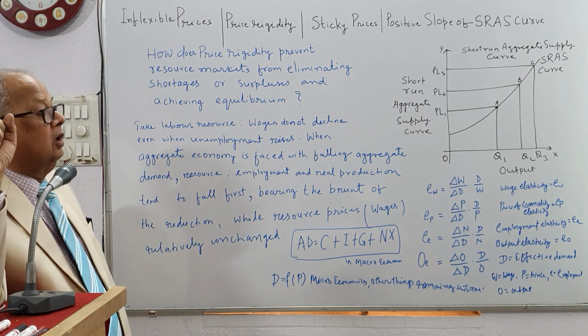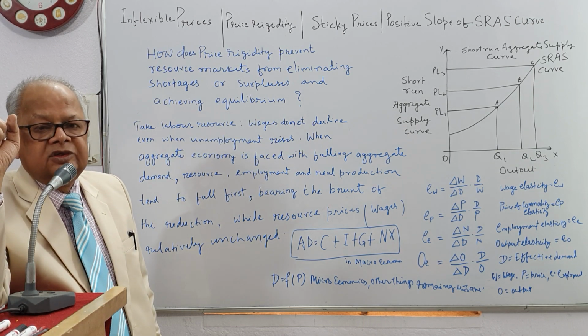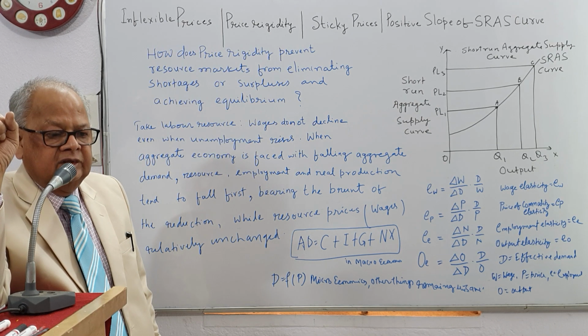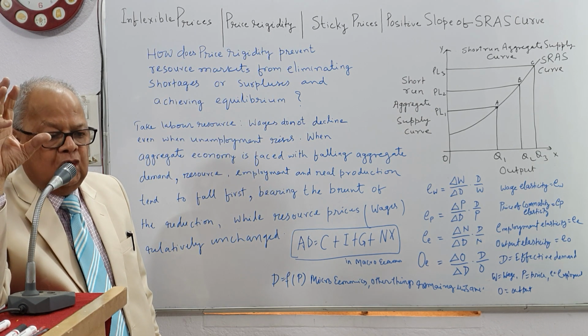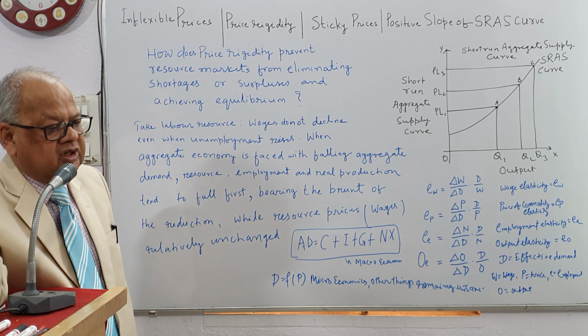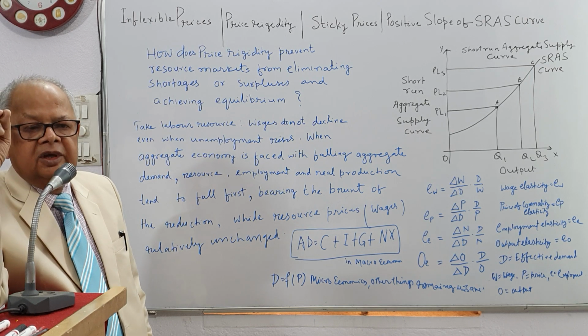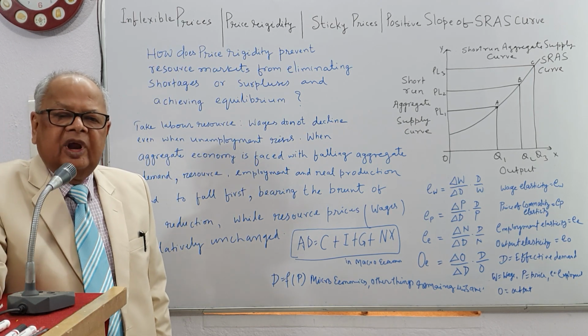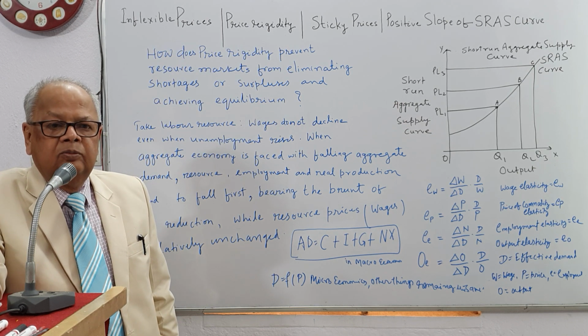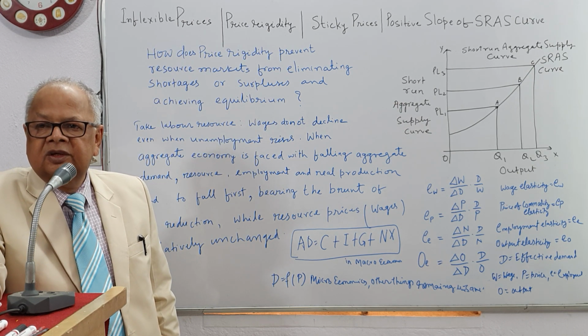But in new Keynesian economics, it is proved with the help of different models that in the short run, which is the reality of life, there will be sticky prices, staggering prices, uneven movement in prices.